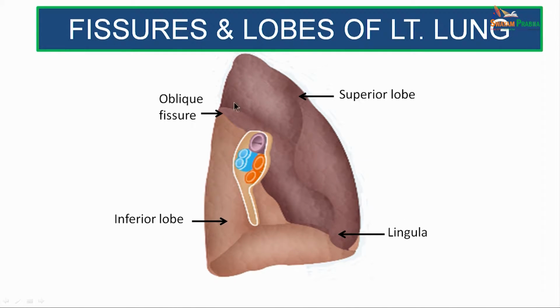Now, looking at the left lung, there is a single oblique fissure which is more vertical when compared to that of the right lung and divides the lung into a superior and an inferior lobe.